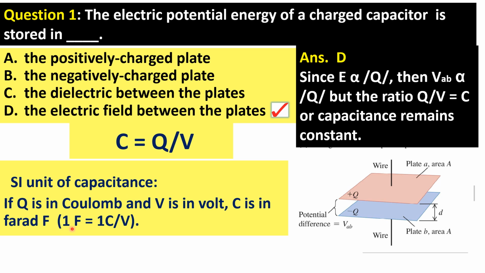We say that 1 farad is equivalent to 1 coulomb per volt. Please do not mistake the symbol for capacitance, capital C, with the symbol of the unit coulomb.